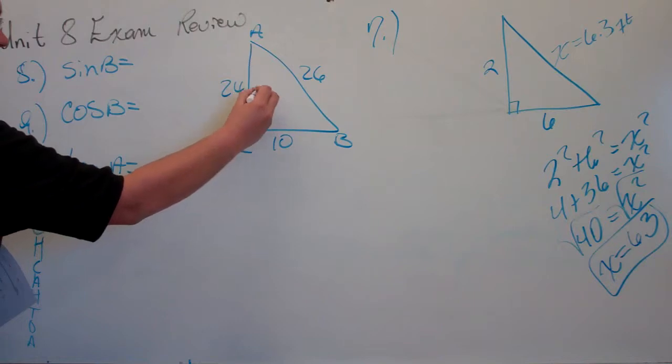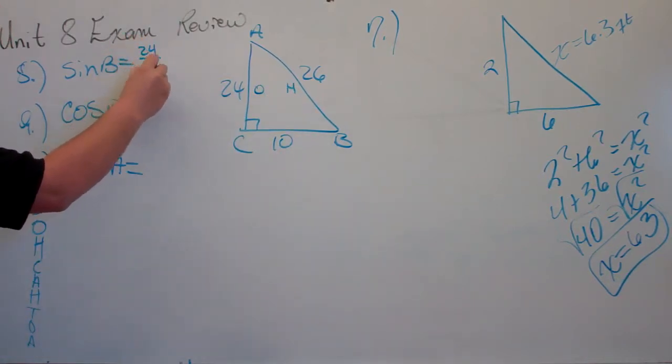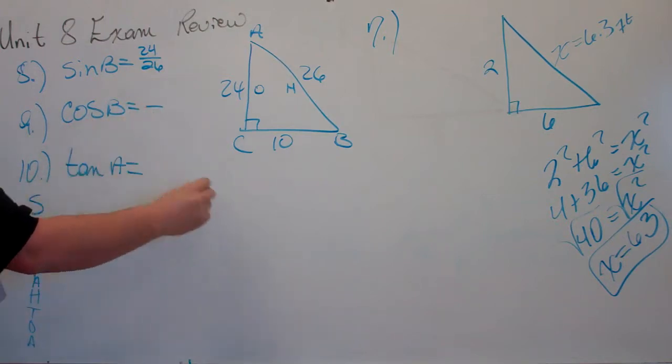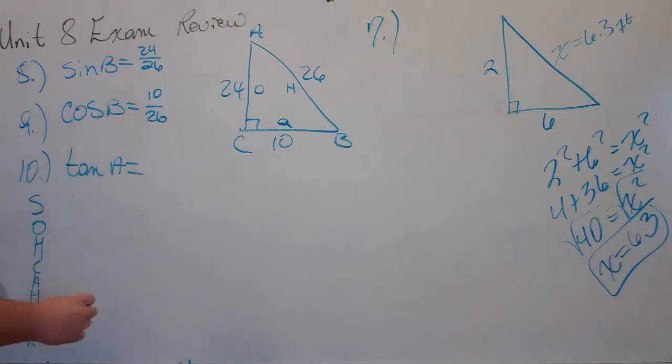So for B, this is the opposite side, and this is the hypotenuse. So this is going to be 24 over 26. Cosine is adjacent over hypotenuse. So this one's going to be 10 over 26.